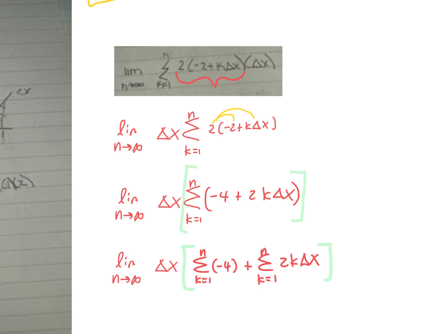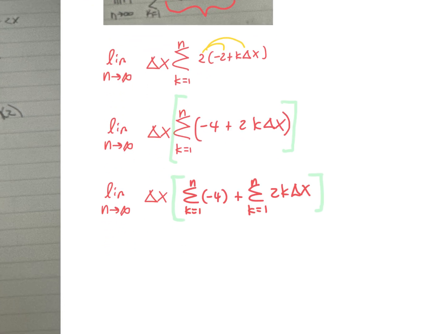Now, let's go step by step and think about what that is. Hopefully we're seeing that that -4 thing, due to the earlier concept that I had mentioned, is just going to become -4n.